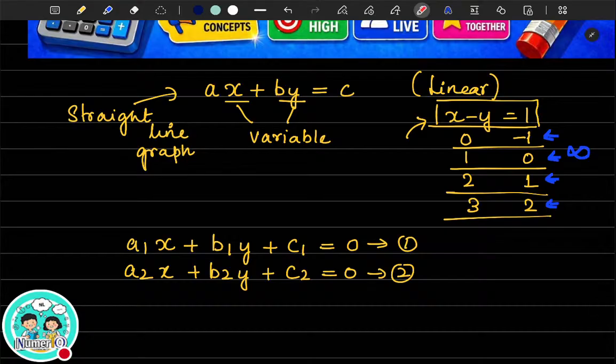It depends upon whatever value of x you have, isn't it? If x is 11, y will be 10. Only then you will get a 1. So depending on the value of x, your y will change. And each of these pairs is what is called a solution. Let me write it here. These are what are called solutions of the linear equation. And one single linear equation will have infinitely many solutions.